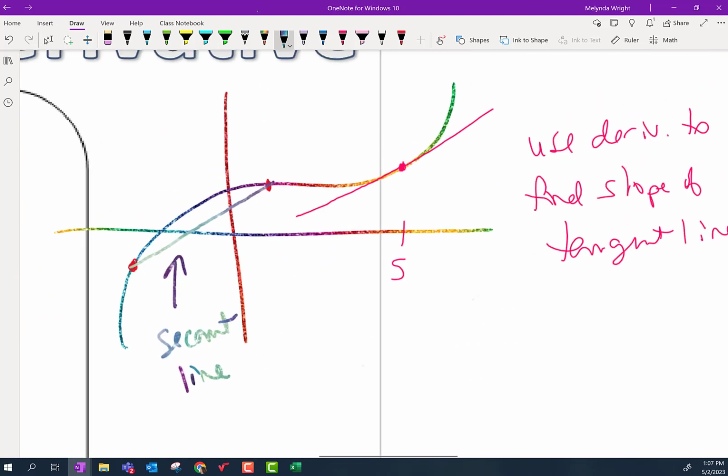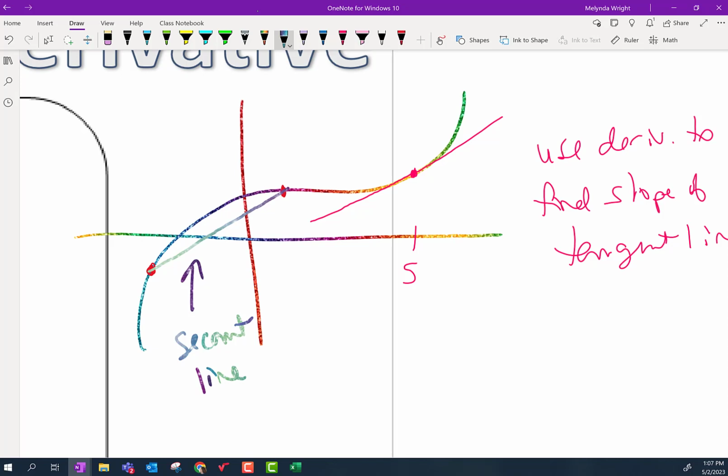If we look at this picture that I drew right here, I want you to think about the pink line, the tangent line. This is where it's tangent. That point is where it's tangent. And really close to the point, it looks like it'd be a pretty good y value approximation for the curve.